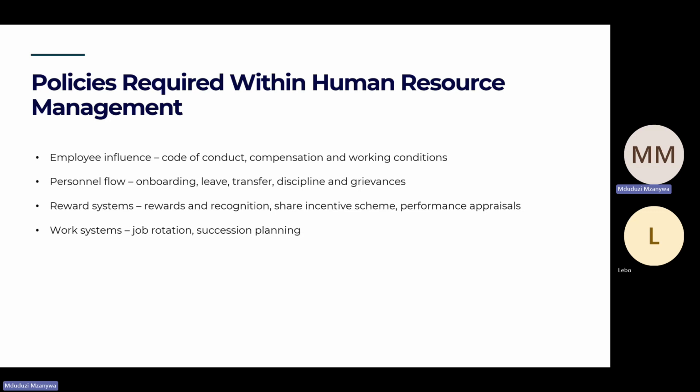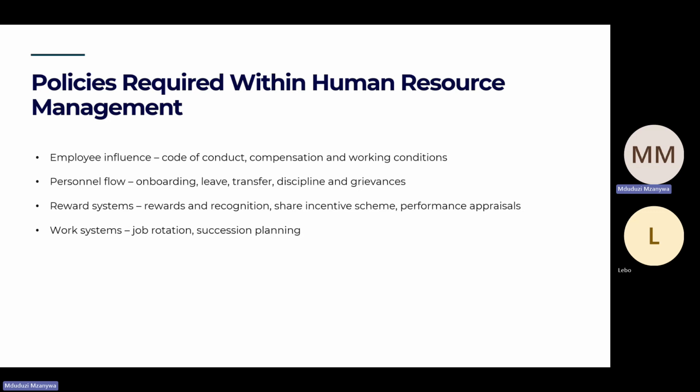And then reward systems like this one here. When do you get rewarded? How do you get rewarded? Is it always monetary? Are there awards that you've received? How do you qualify to get shares in the business? And then how often would you sit in a review? And this review, who sits on it? How much time does it take and how frequent are these?